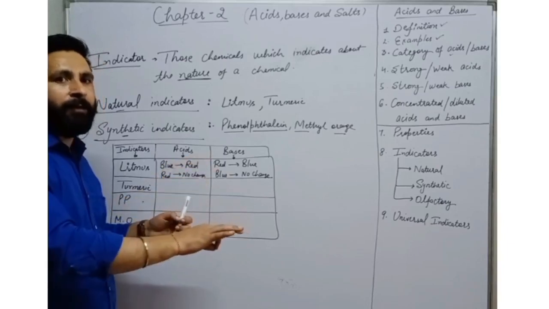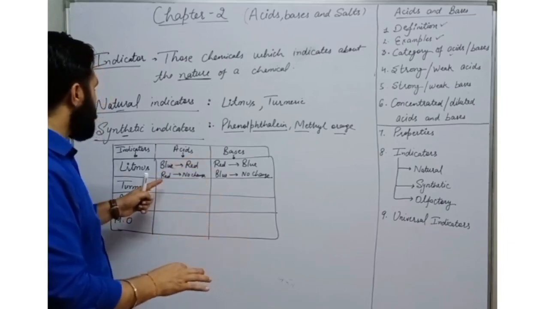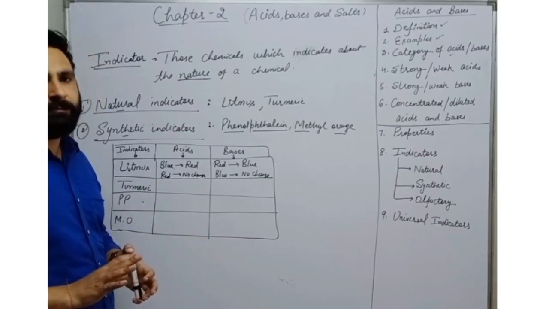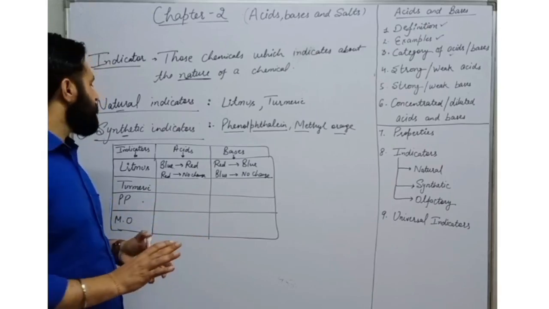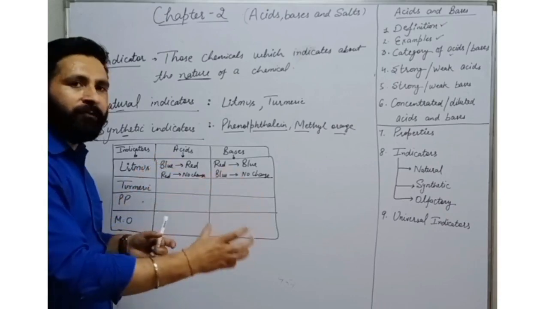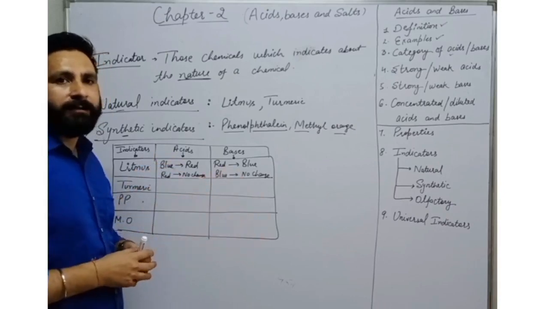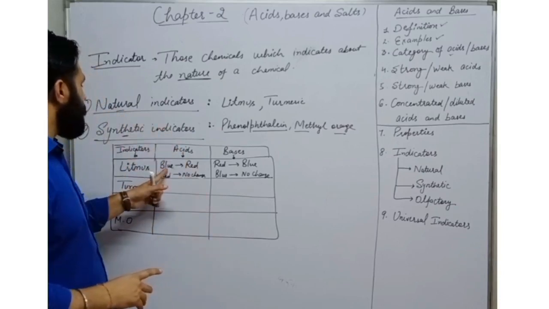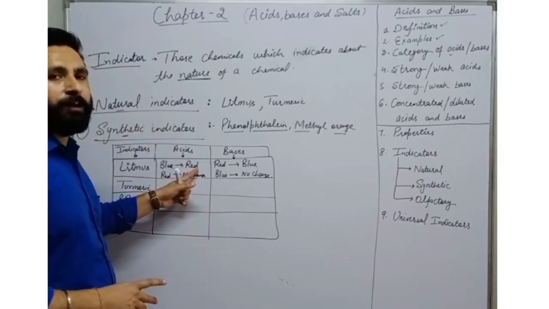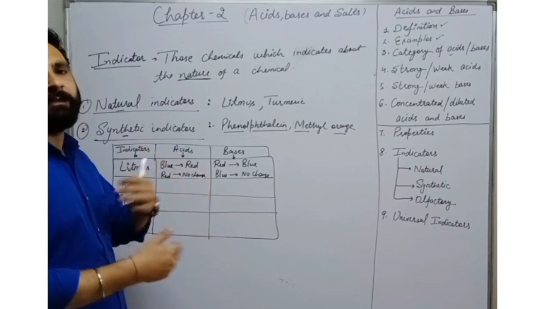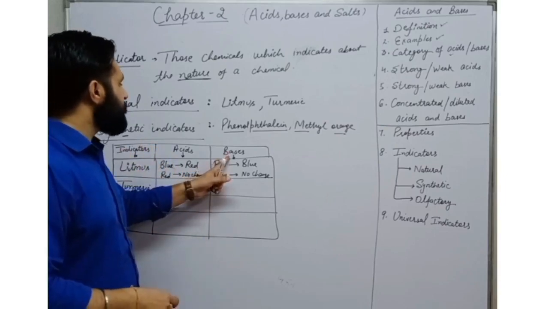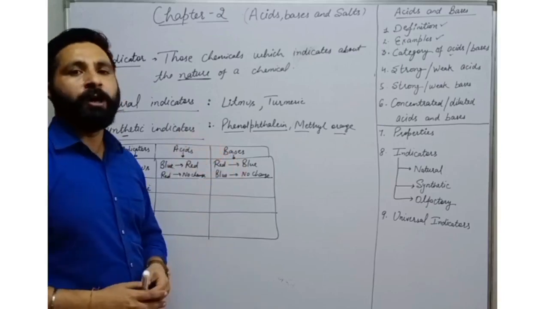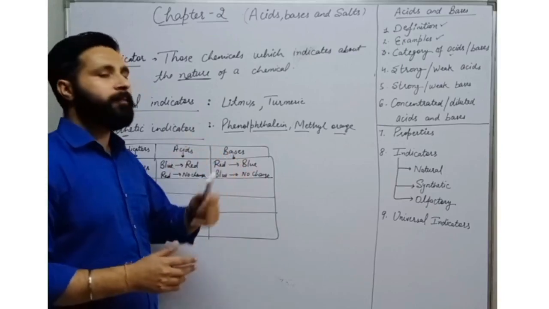And in the same chemical, if I dip red litmus paper, it remains red, which indicates that the chemical I have taken is an acid. So in acid, blue litmus paper turns into red litmus paper, and in bases it is just the reverse. In bases, red litmus paper turns into blue litmus paper and blue remains the same.